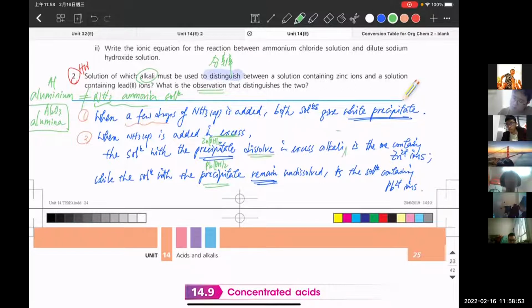What does that mean? It forms a colorless solution, with a colorless complex. So the answer is tetraamminezinc. This is the complex ion responsible for the solution being colorless. However, we will not see this in Lab 2.